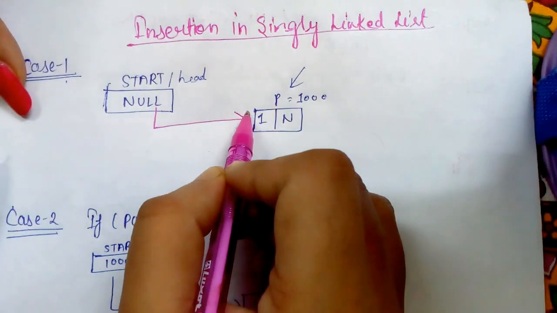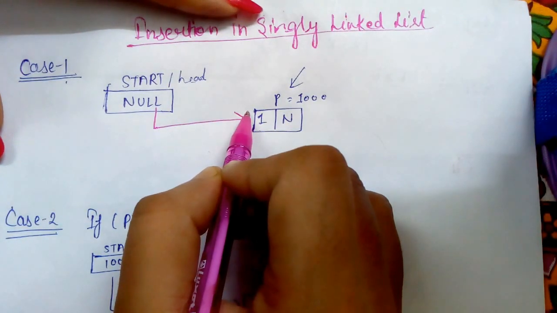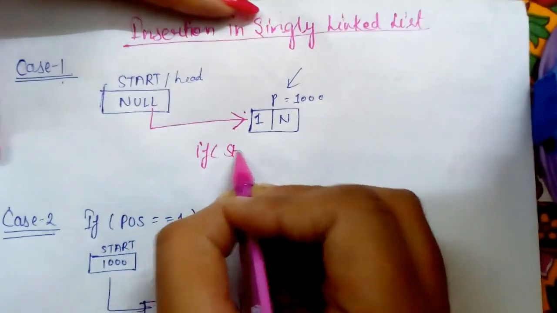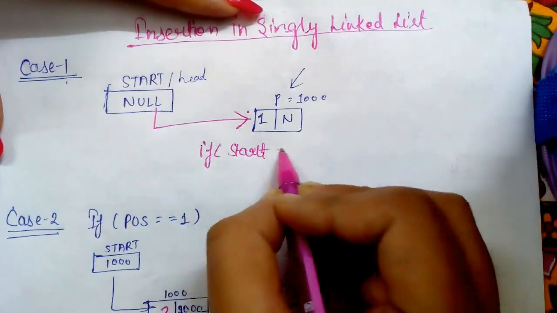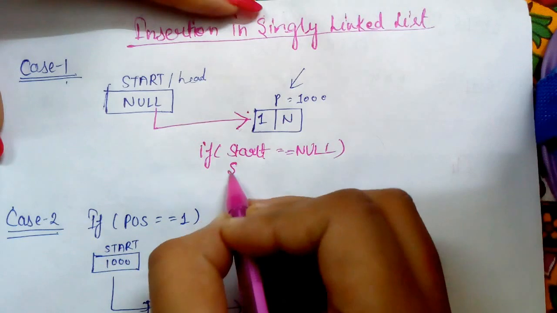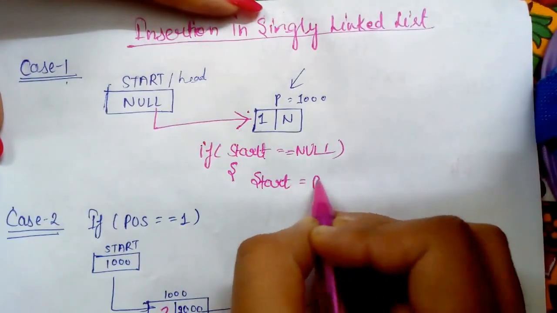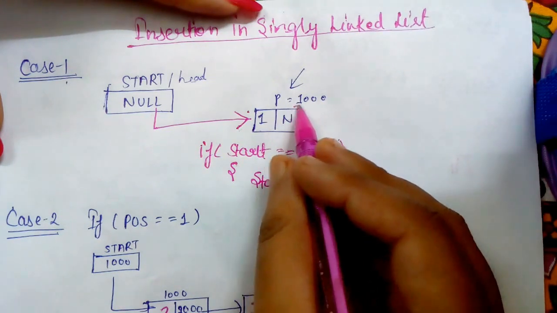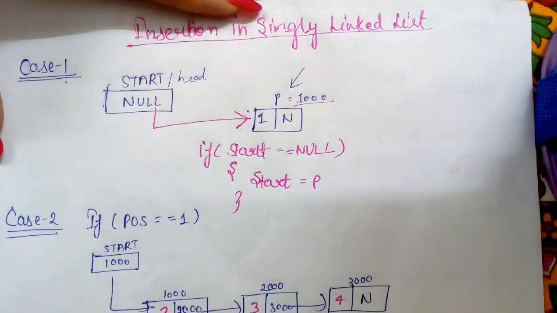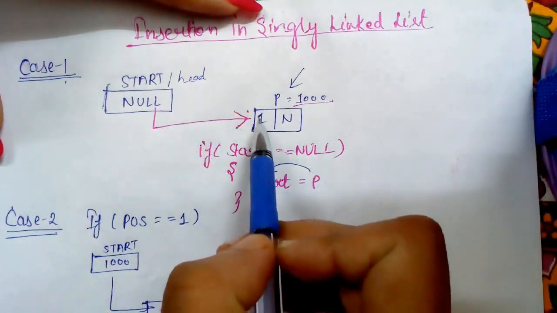So for that, I will check the condition: if start is equal to null, then I will assign the P address, the node which I want to create, into start. So that will be my first node in the linked list and start will point at 1000.